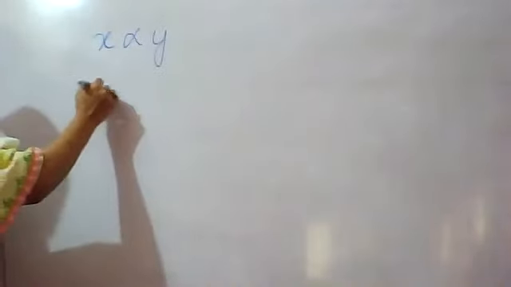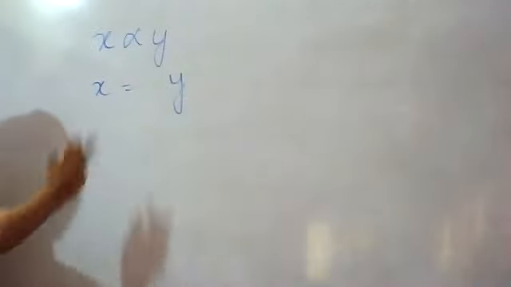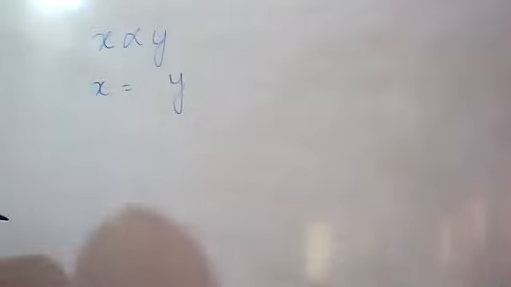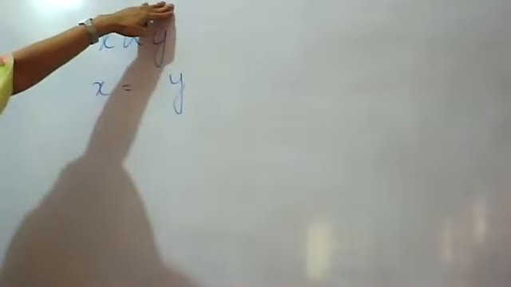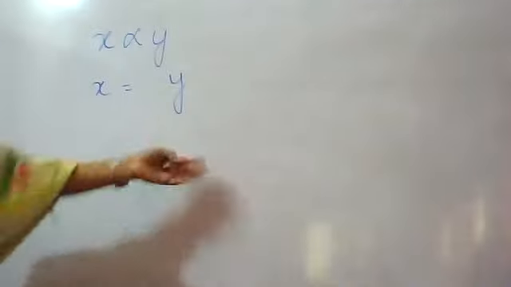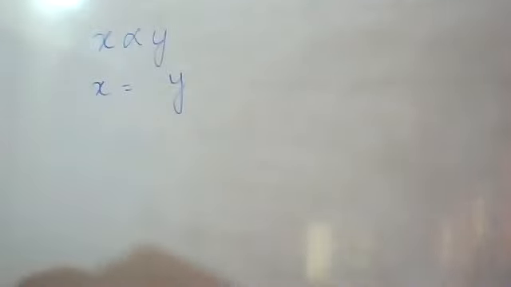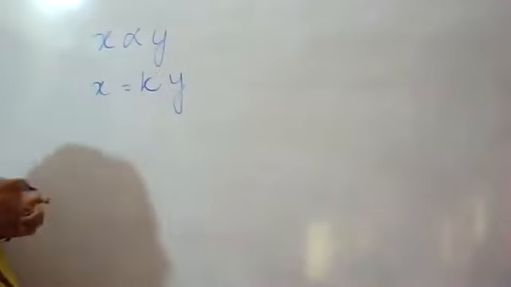When you write x equals to y, you cannot write it directly. X is not equal to y. If there are 3 pencils and their cost is 30 rupees or $30, it is not equal. 3 is not equal to 30. You need a constant, and that is called the constant of proportionality.